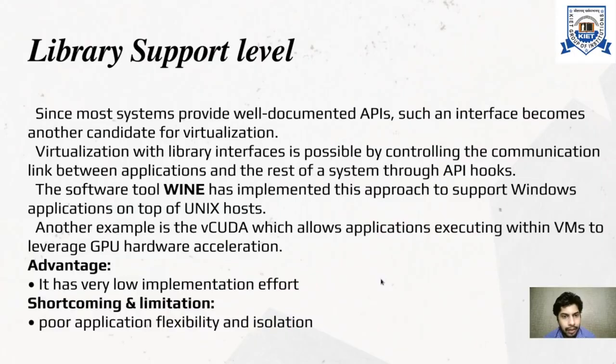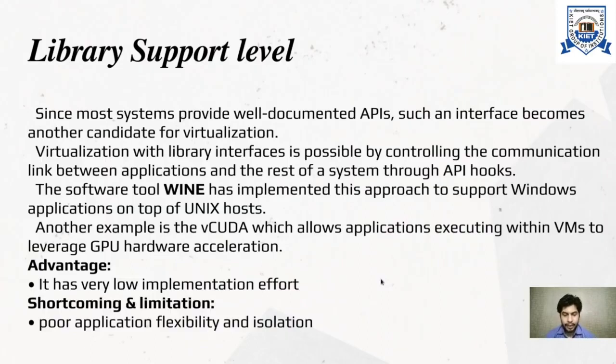So what are the advantages of that? It has very low implementation efforts. And one example of this library support level is the Wine tool. If you are a Linux user, then you must have heard about this Wine tool. Wine helps to run Windows-based applications on a Linux system.